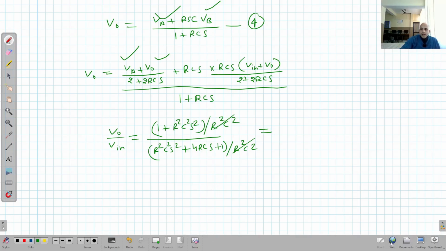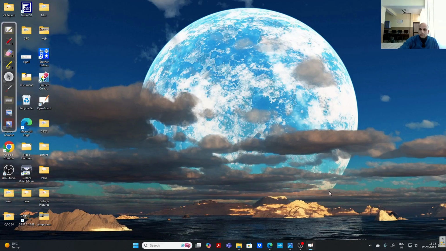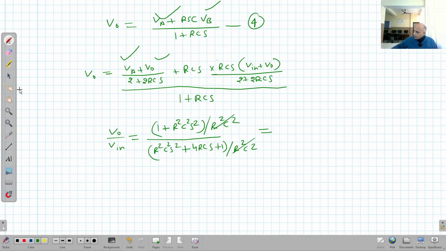When you simplify, V output upon V input is equal to S square plus 1 upon R square C square, divided by S square plus 4S upon RC plus 1 upon R square C square.